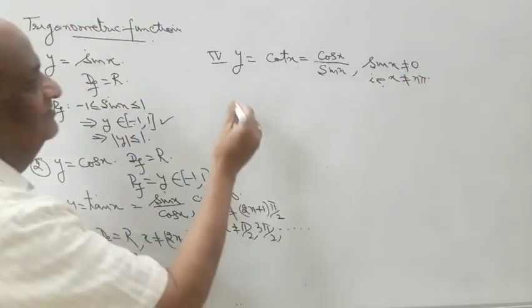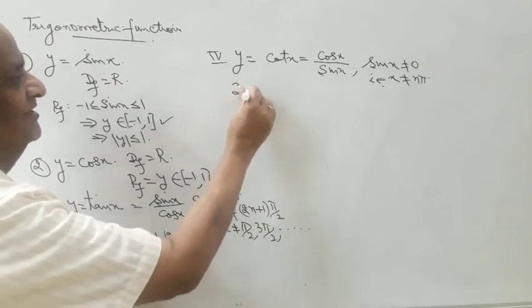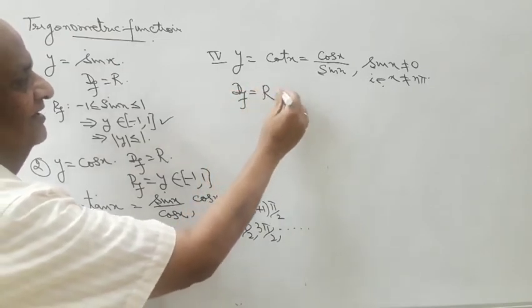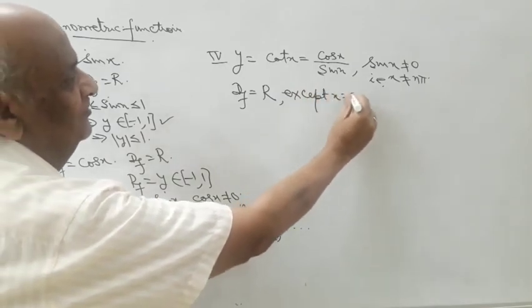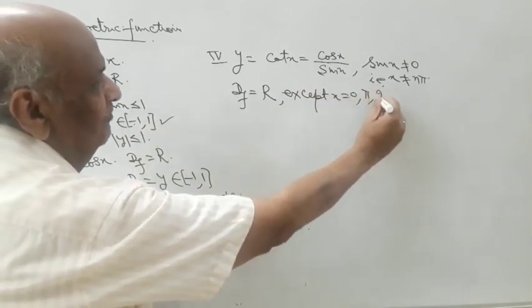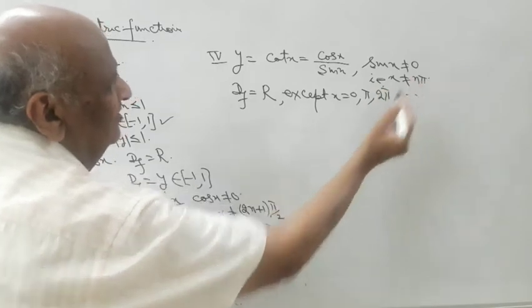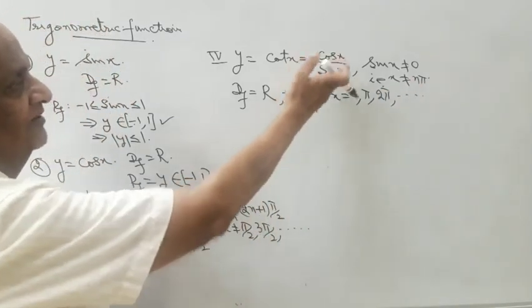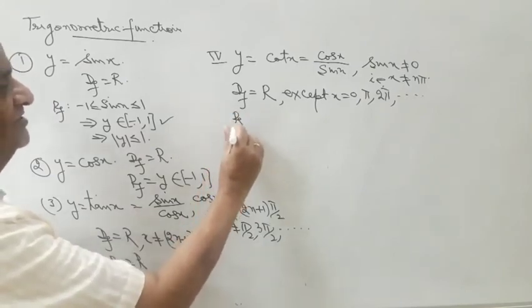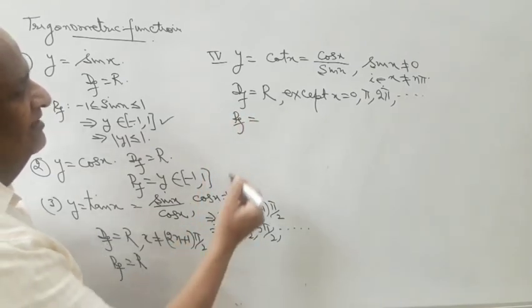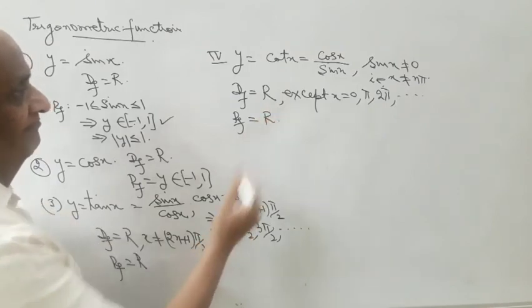So that means the domain of the function is all real except x is equal to 0, pi, 2 pi and so on. Because when x is equal to 0, this will become infinity. It will not exist. And the range of the function, once again you can say, is all real.